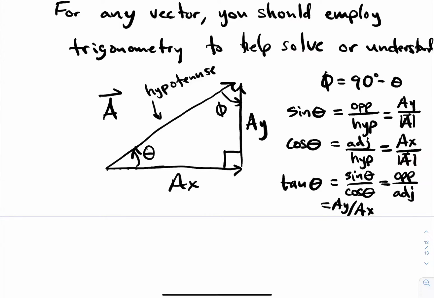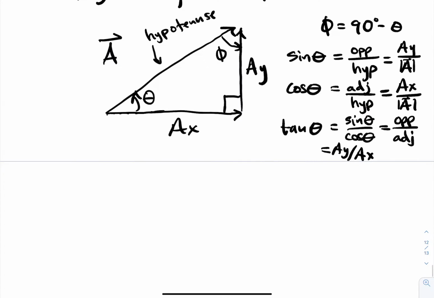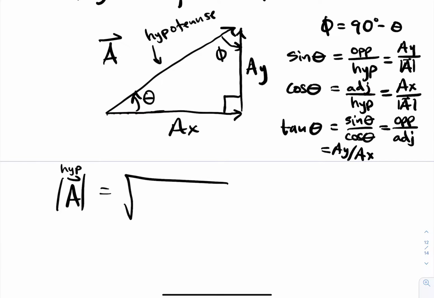Keep in mind, if you knew phi and you didn't know theta, all of these would be different because we would have to do sine of phi, so opposite would be x, not y, and so on. But in general, these are your trigonometric definitions that you're always going to have to use. And of course, using the Pythagorean theorem, the magnitude of A, or the amount of the hypotenuse, is equal to the square root of AX squared, which is our adjacent side with respect to theta, plus AY squared.